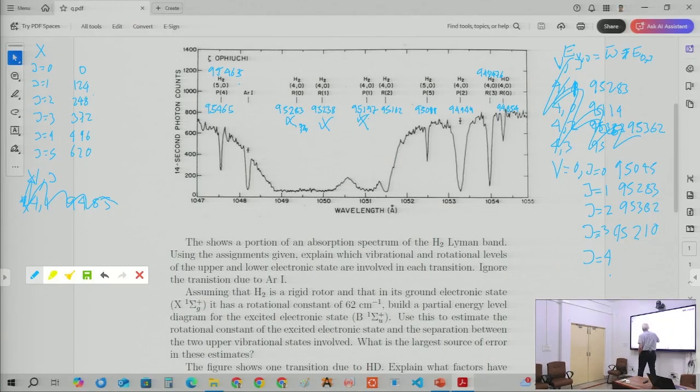You start from P5, so you add 620 onto that, which is 95631. We've got something wrong here because they're lumpy. But let's carry on for a minute. Oh, that's V equals 5. That's why that's different. That one is P2, so that gives you J equals 1.